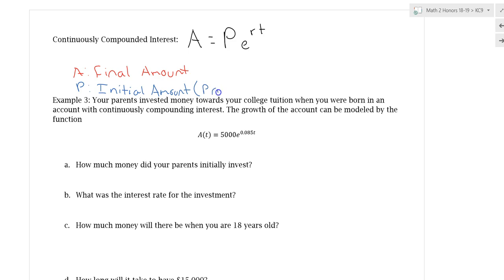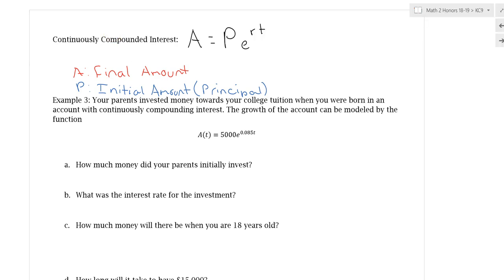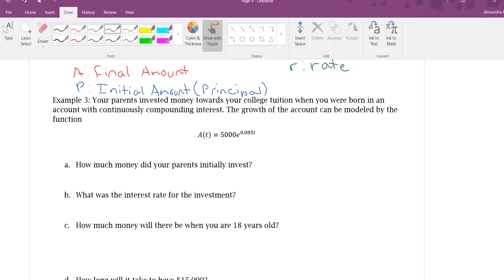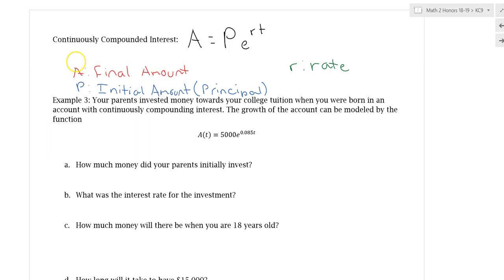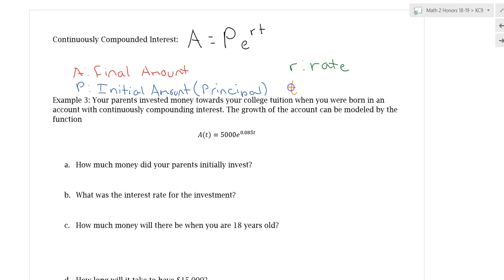Okay, that's why it is a P. That's how much you put in at the beginning. E is the letter e. Okay, we've used it before. It's that natural letter, so e doesn't really stand for anything. R is your rate. And then t is time, usually in years.